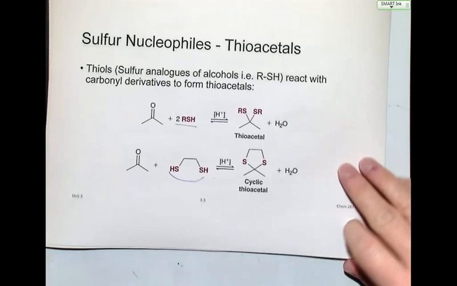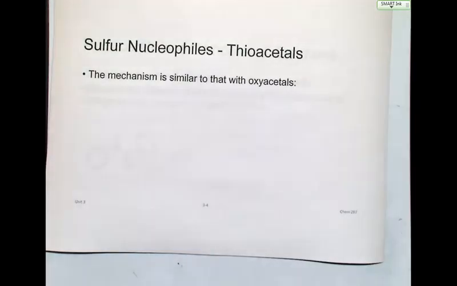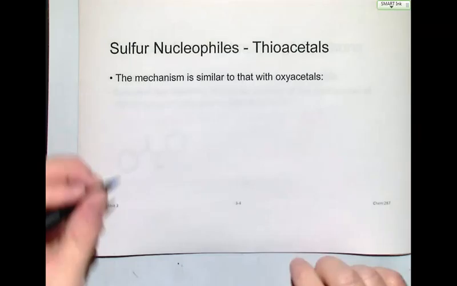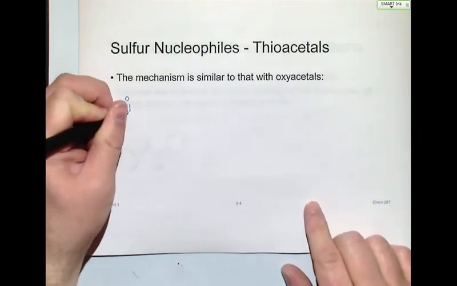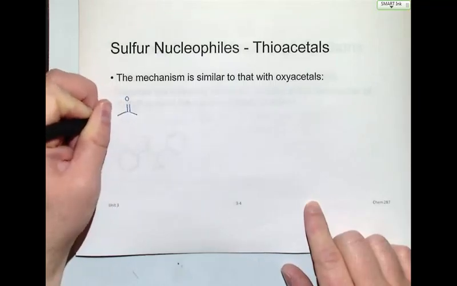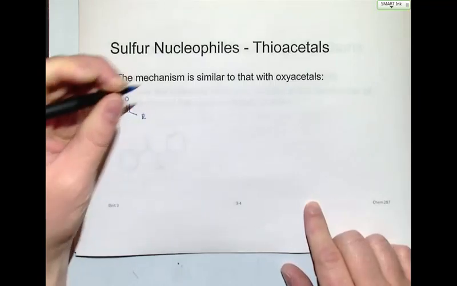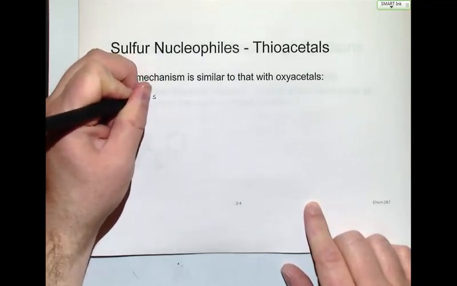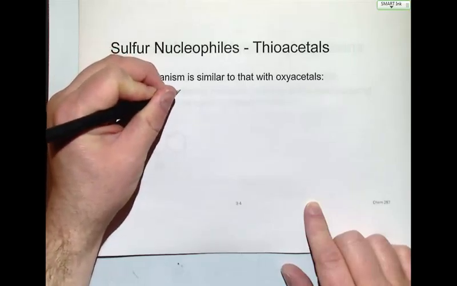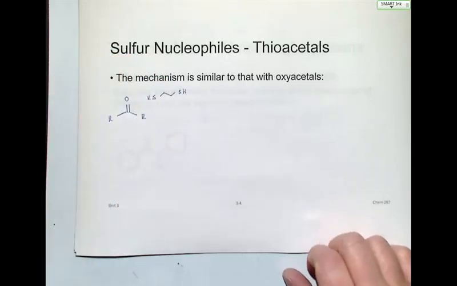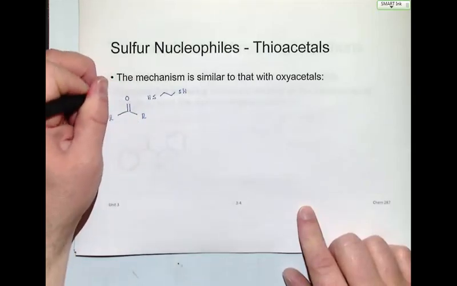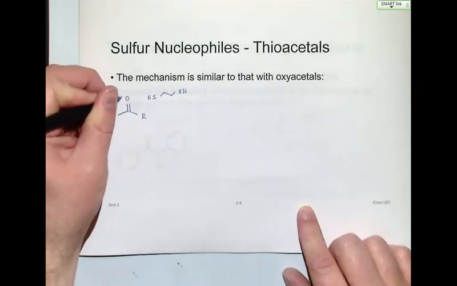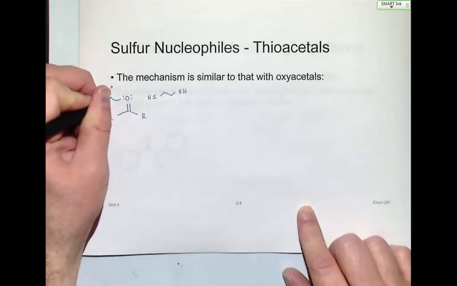Why does this matter? Well, let's look at the mechanism first, and then we're going to see why these are so cool, actually. So let's just go through the mechanism of how it forms. Let's use a cyclic example. Okay. So we're going to take this, and we have acid catalyst present. So the first step is a proton transfer to the carbonyl oxygen.